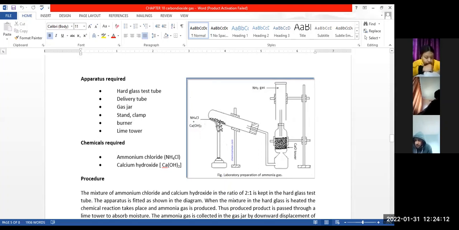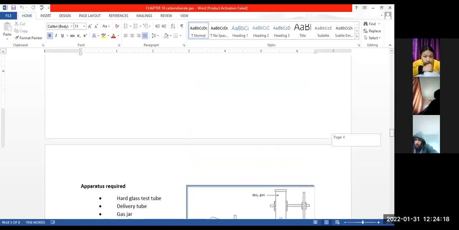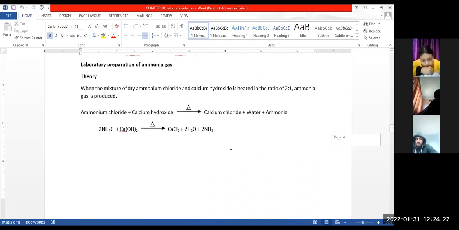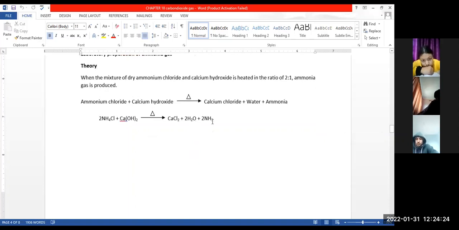When heated, the reaction occurs and ammonia gas is produced. Look at the reaction, what is in the product? In the product, calcium chloride is produced, water is produced, and ammonia gas is produced. On heating, water is produced in the form of vapor.